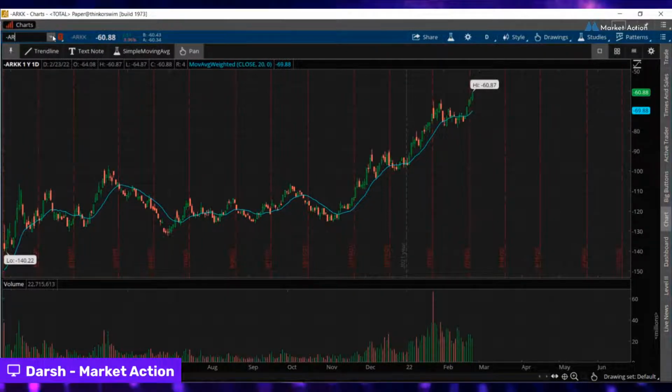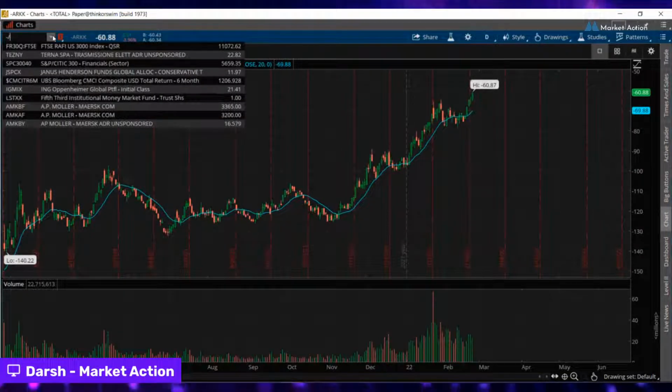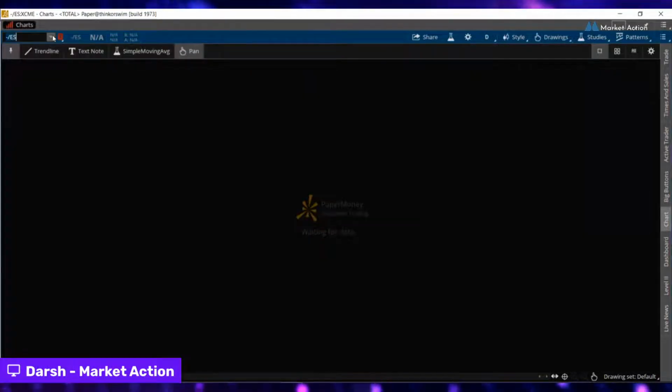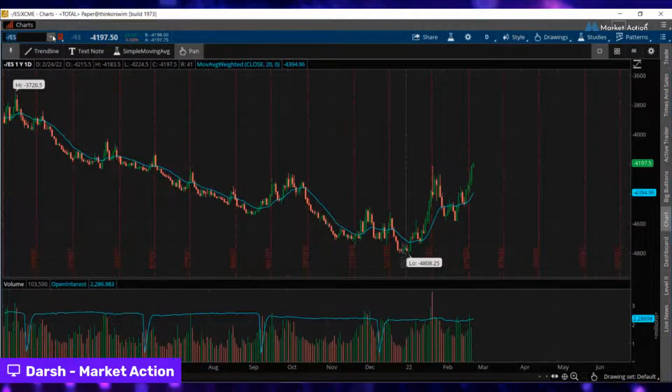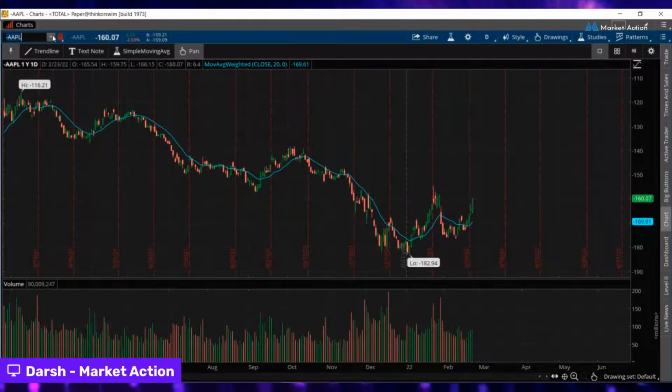This also works on futures, so let's try /ES. Once again, here you go. The chart is flipped, and you can analyze it using your bullish mindset. Let's look at just one more. Let's look at the chart of Apple. Same thing.